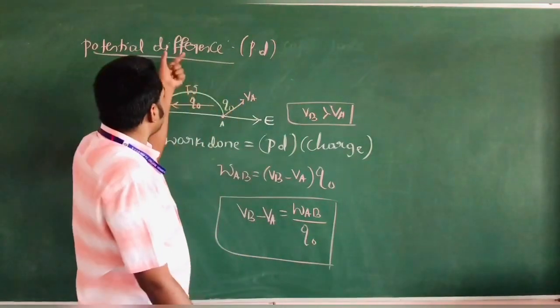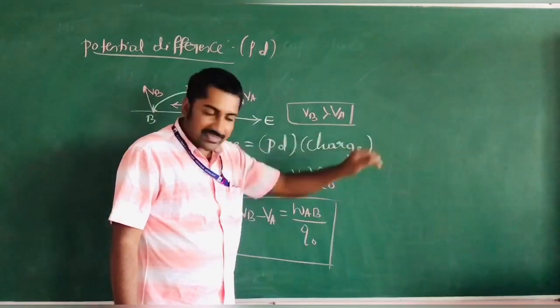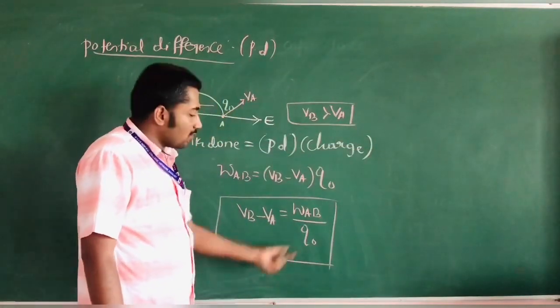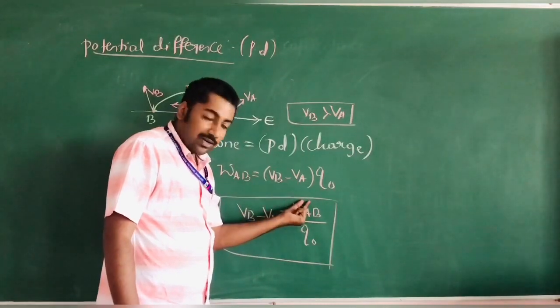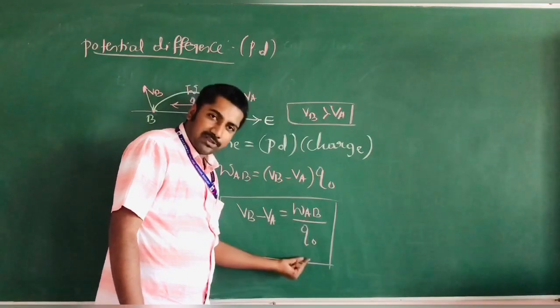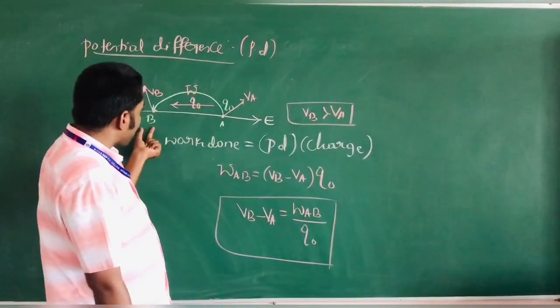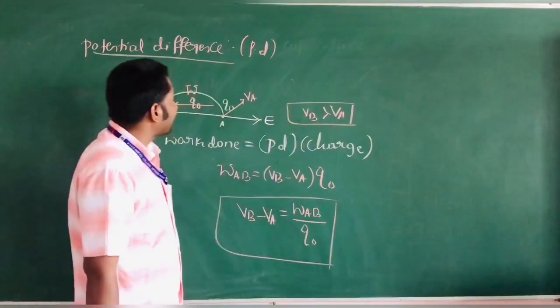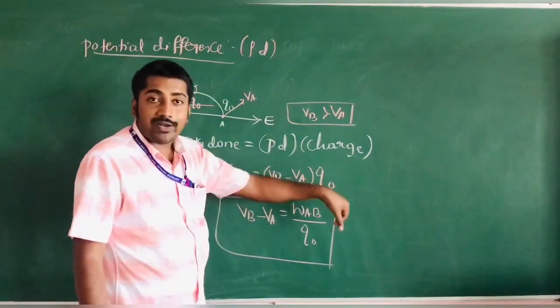So, when 1 joule of work is done in moving 1 coulomb of unit positive charge from one point to another against the direction of the electric field, the potential difference is called 1 volt.